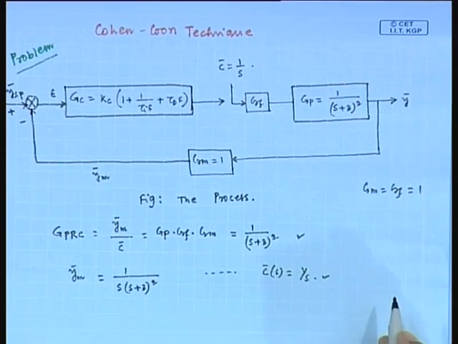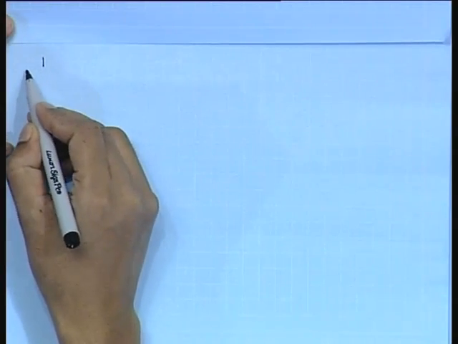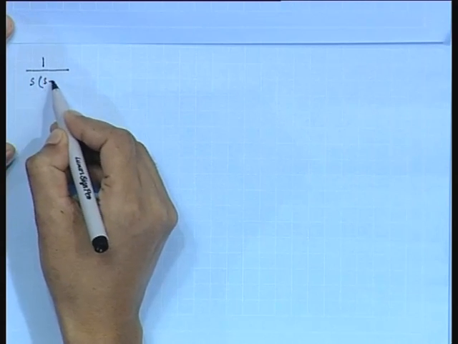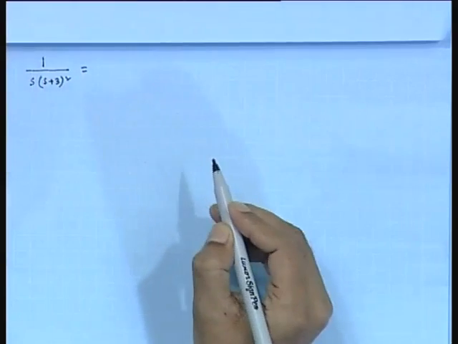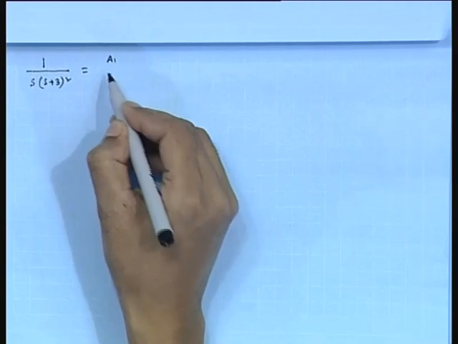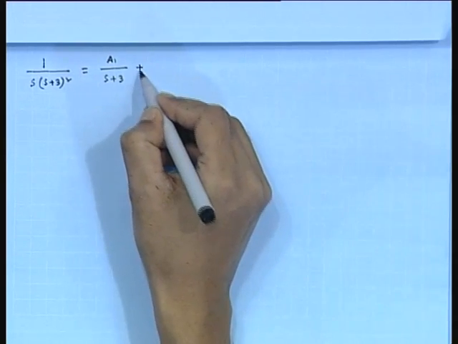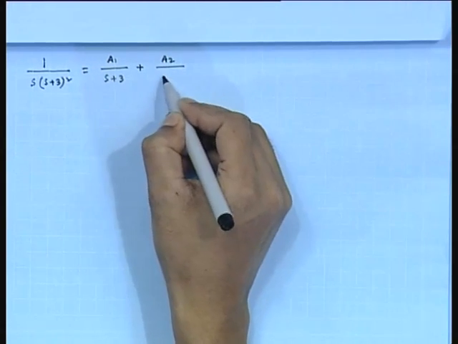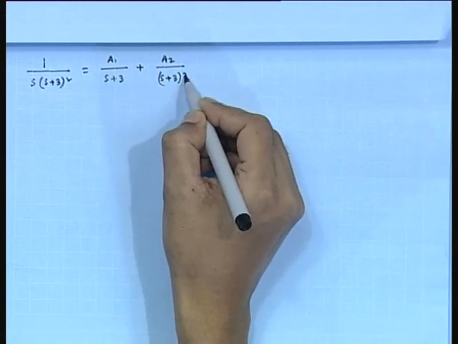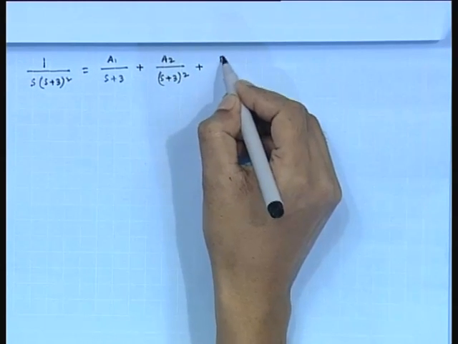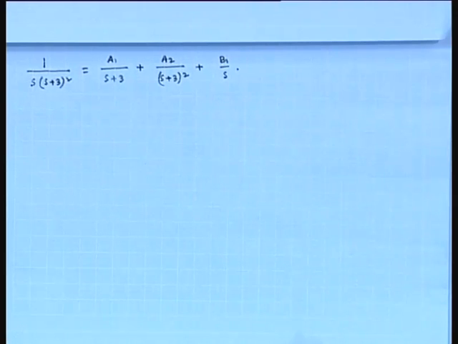Now, we basically need ym in the time domain. So, for that we need to expand into partial fractions. We can write this as a1 divided by s plus 3, plus a2 divided by (s plus 3) whole square, plus b1 divided by s.